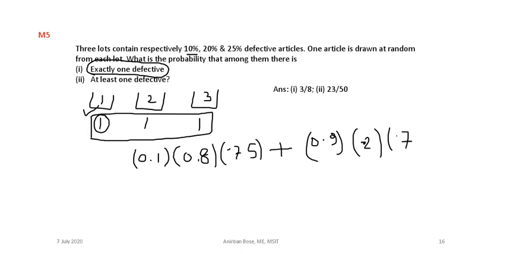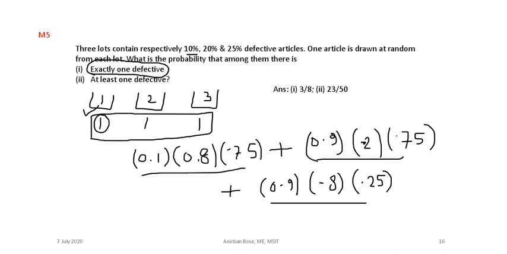So in this way also it is possible that only one is defective. Or there may be another case where the sample coming from lot 1 is not defective, the sample coming from lot 2 is not defective, but the sample coming from lot 3 is defective. So these are the only possible cases in which exactly one defective item can come.